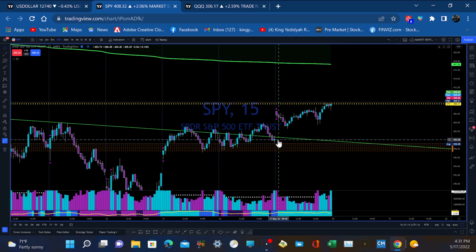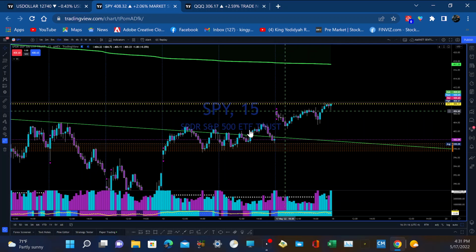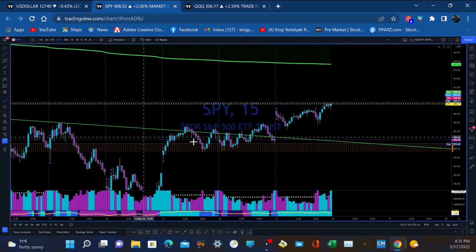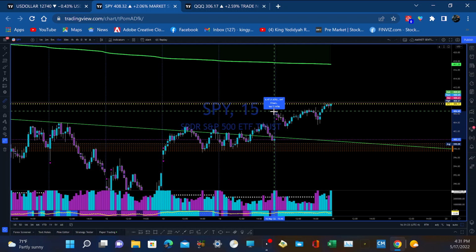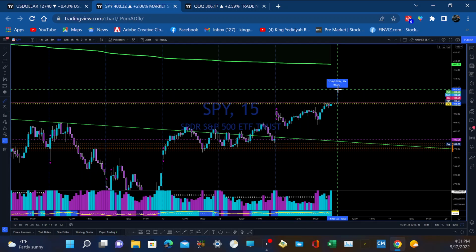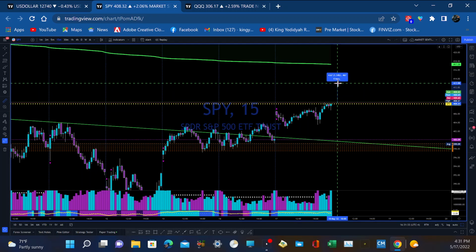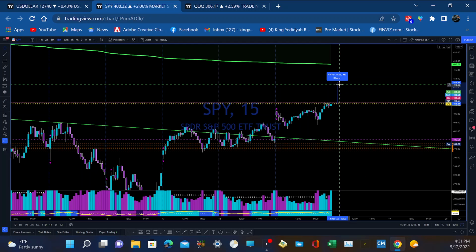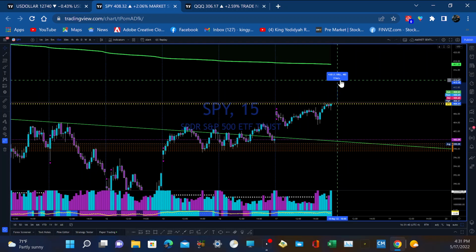If we get another gap up like this, let's see how much was that. So we gapped up 6.47, right? Let's say we get another gap up of $5, around 487. Let's say we gap up here in the morning.